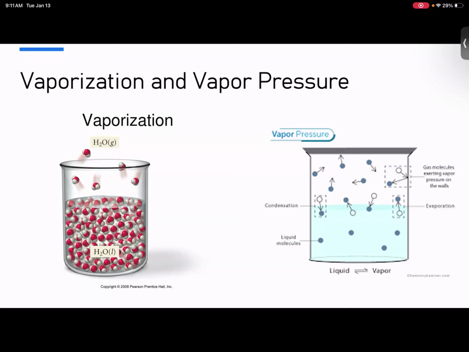It's when surface molecules gain enough energy that they can escape into the atmosphere, the space above them. Now, vaporization can be measured using vapor pressure. But to determine vapor pressure, you must have a sealed container.